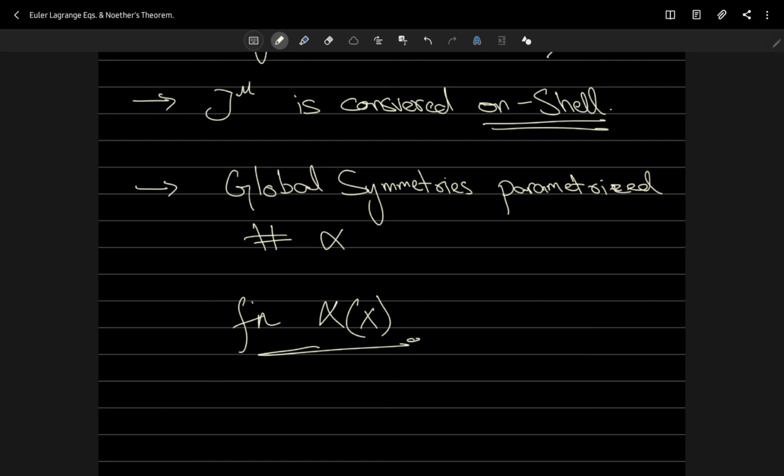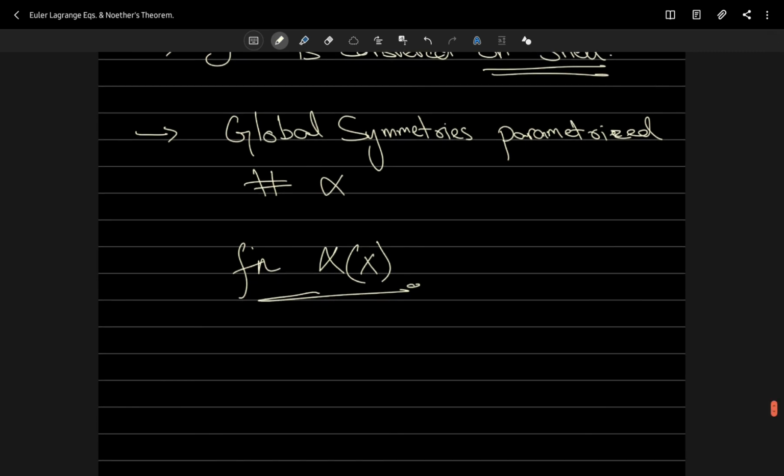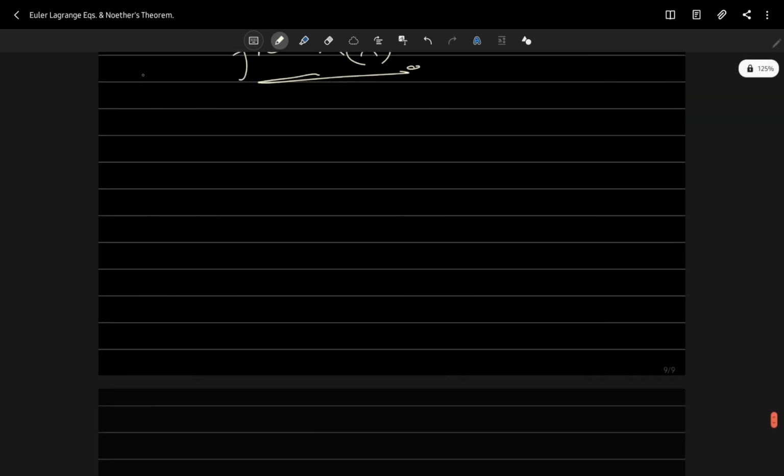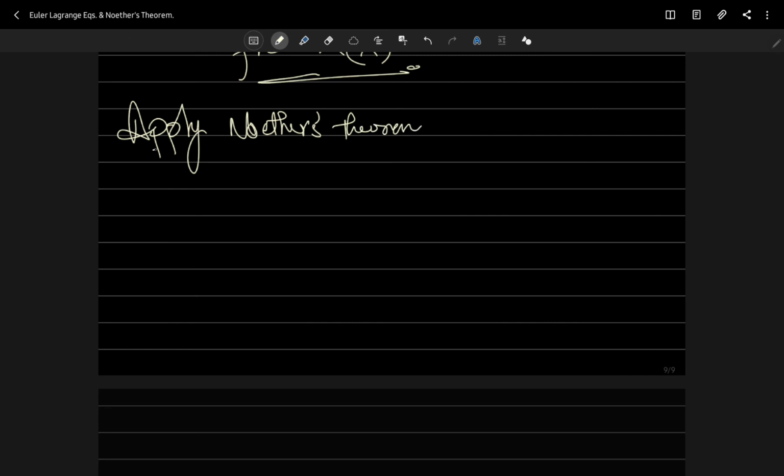Okay, so before I end the video, I would also like to tell you what the steps are for applying Noether's theorem to a particular system. If you are going to apply Noether's theorem, you take these steps.